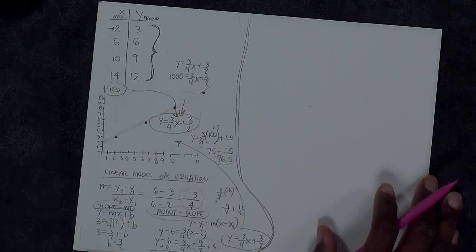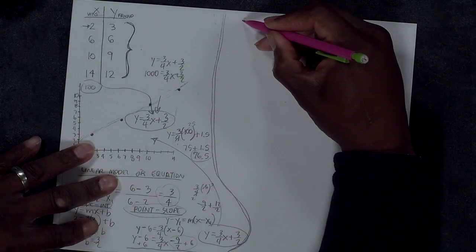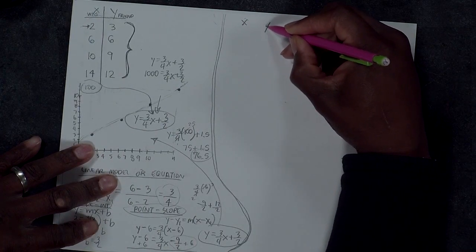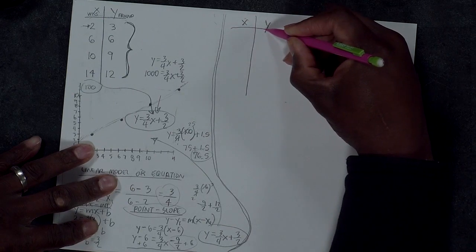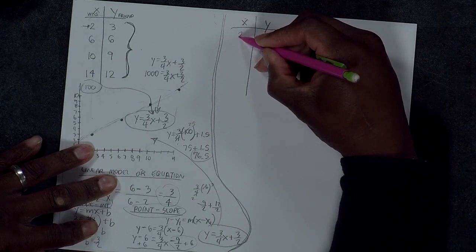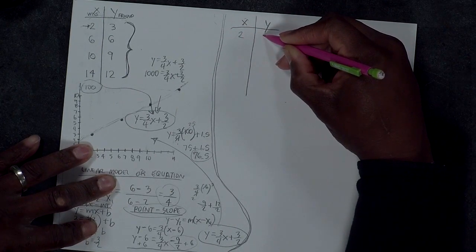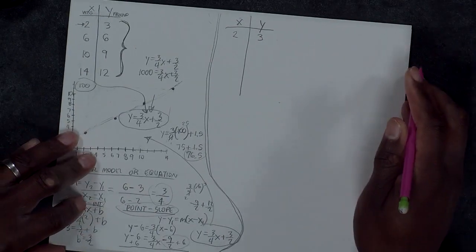So let's do something a little bit more realistic, where your data is not growing consistently. Let's say we have x and y. After 2 weeks, we still have the 3 friends.